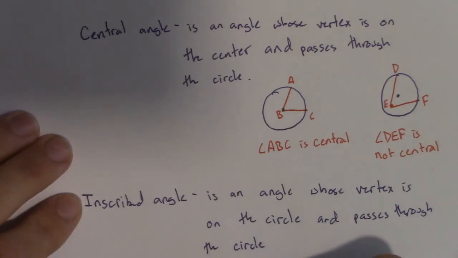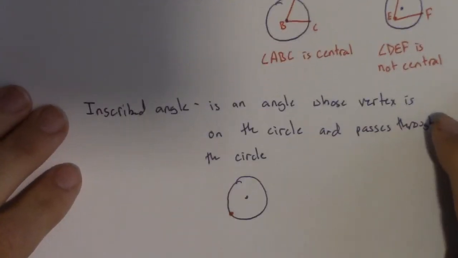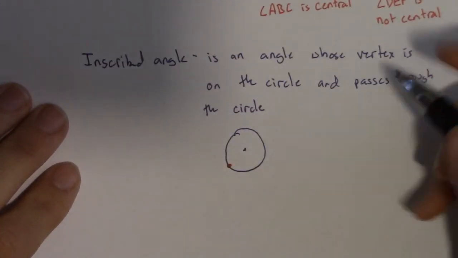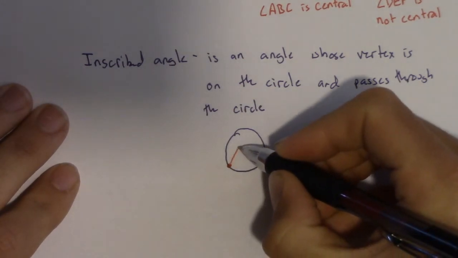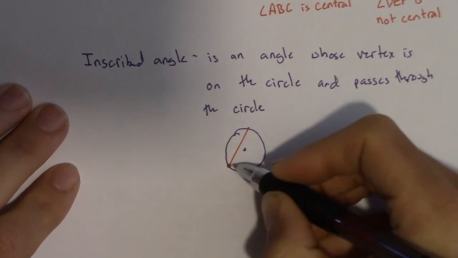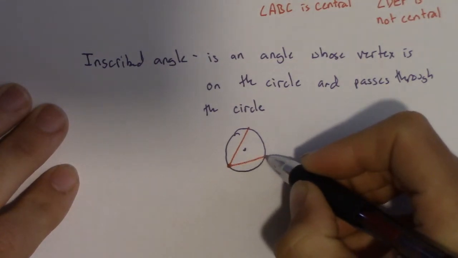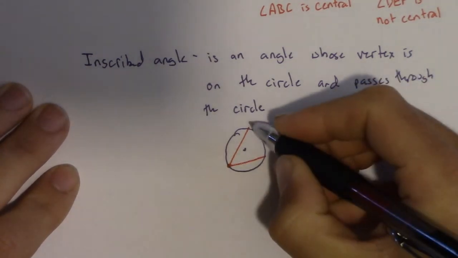So right here, what I mean is if I've got a circle, I need to have a vertex on the circle. Notice where I put that first red dot, and then I'm going to extend my rays or sides of my angle until they cross the circle.